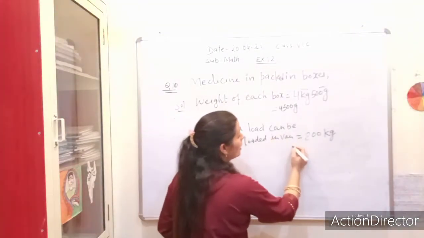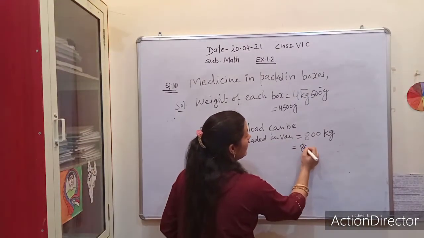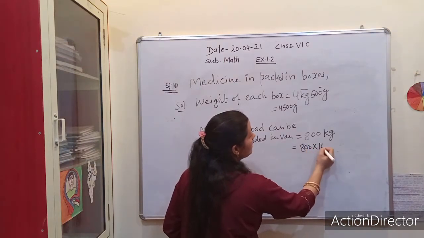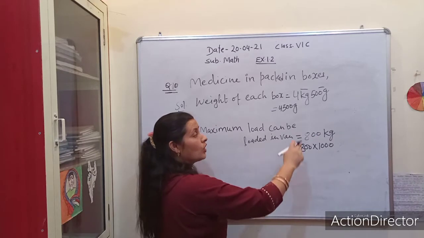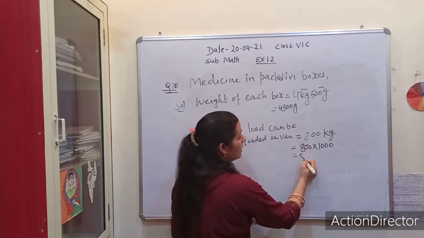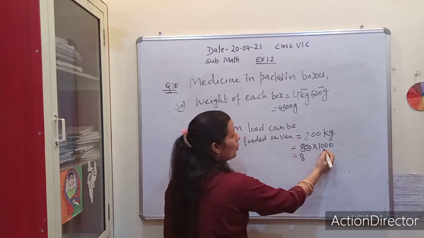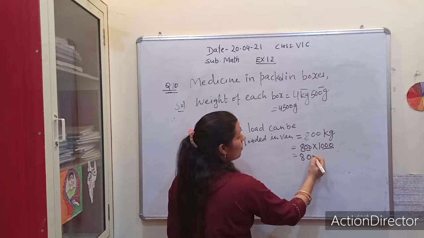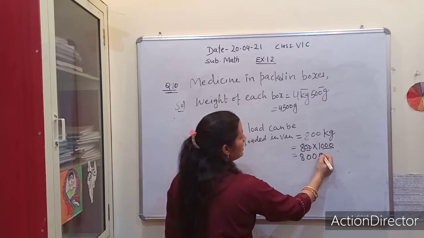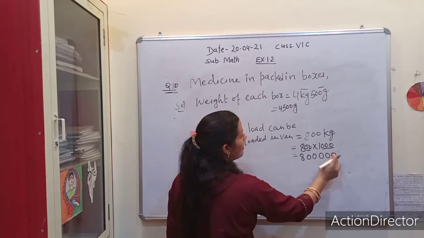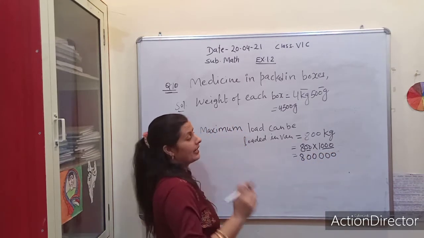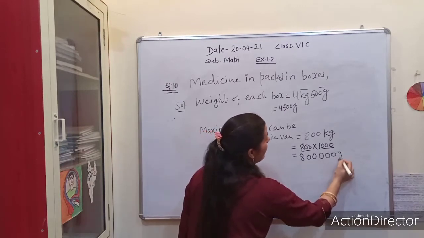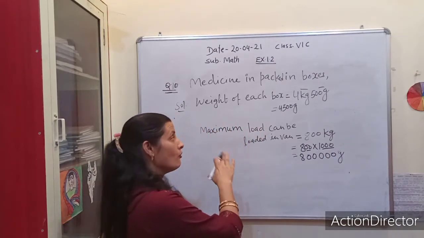So again we will convert it: 800 into 1000, because the unit is given in kg and we need to convert it into gram. So it will become 8. How many zeros are there? 2 and 3, 5 zeros. Ones, tens, 100, 1000, 10,000, lakh. 8 lakh gram. This is the capacity of the van.